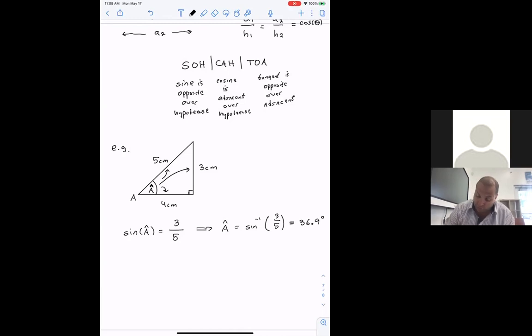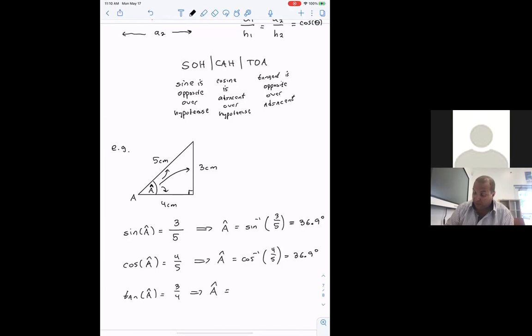Now, what if I didn't want to use sine? What if I wanted to use cosine? Well, cosine is defined as adjacent over hypotenuse, 4 over 5. How would I find A if I used cosine? Well, I would use the cosine inverse button. And if I use the cosine inverse button of 4/5, magically, I also get 36.9 degrees. And what if I wanted to use tangent? Well, tangent is opposite over adjacent, so 3 over 4.